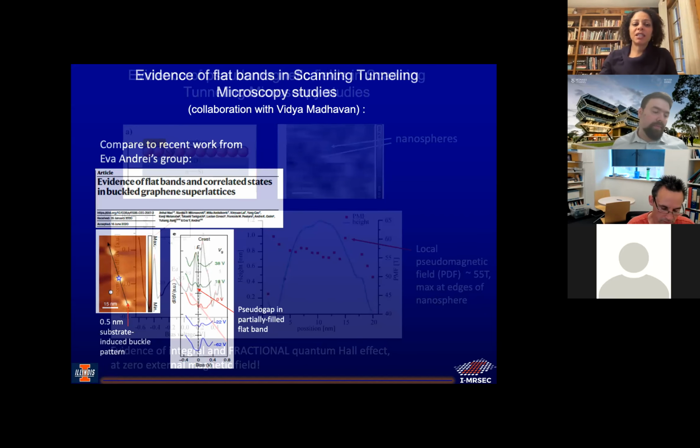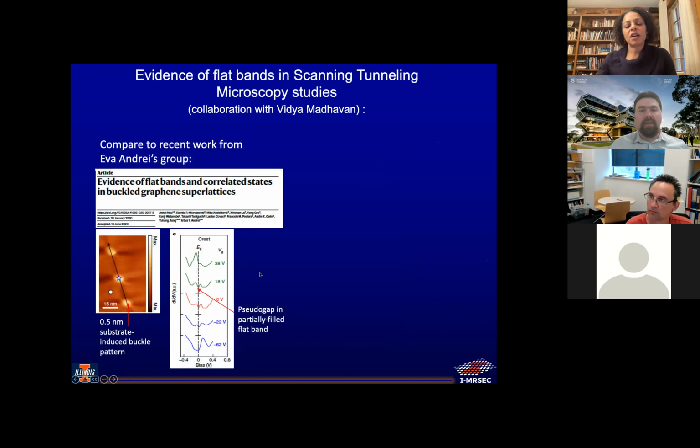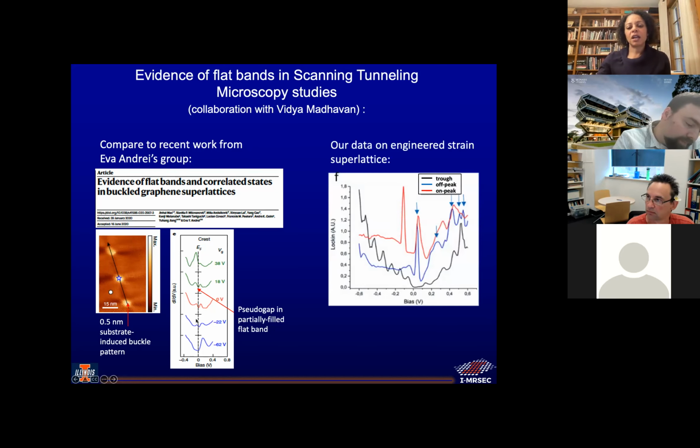I should mention that there's a really nice paper out of Eva Andrei's group at Rutgers showing evidence of flat bands and correlated states. In this case, they had just these little bubbles that happened to be on a substrate. They're 0.5 nanometer, and they saw these pseudo gaps in these partially filled bands that they believe was evidence of correlations in their system. And we see nearly identical things here.